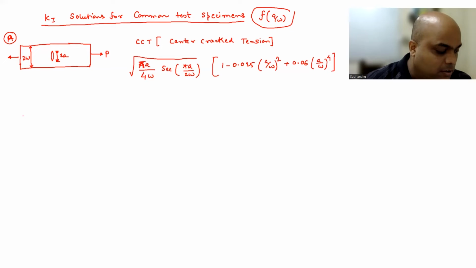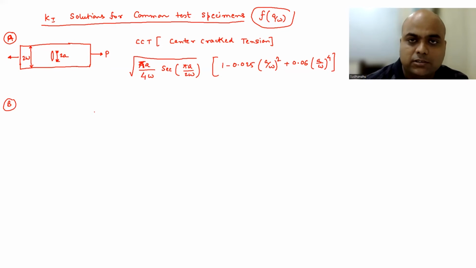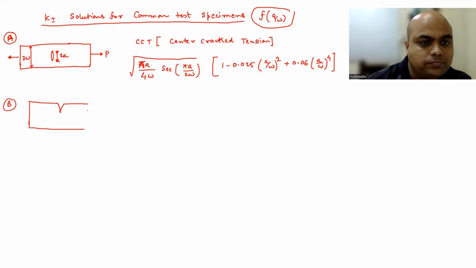Now the second configuration is called single edge notch tension, which is SENT. It will be something like this. Load is P. Here W will be given in terms of only W, not 2W, and crack length is A, not 2A.